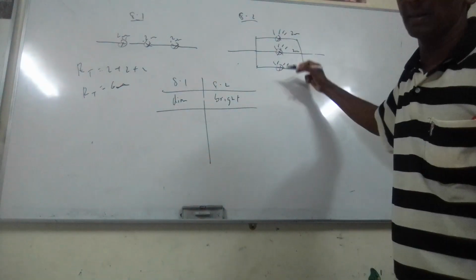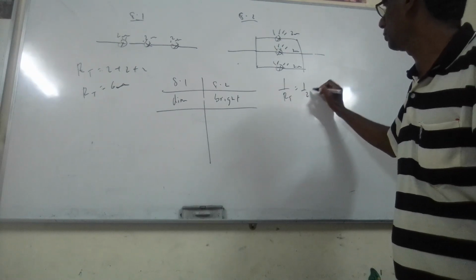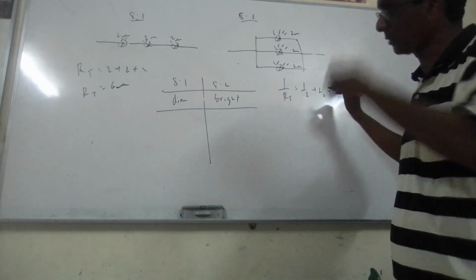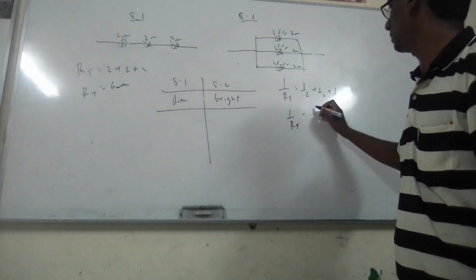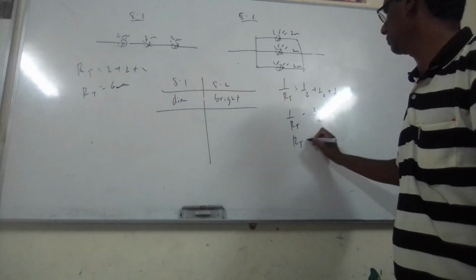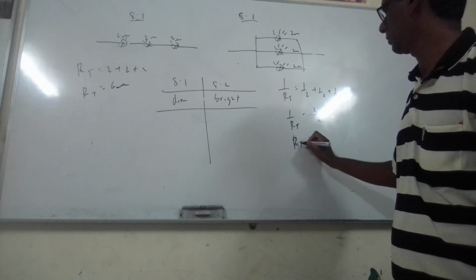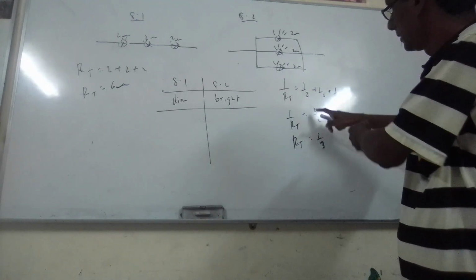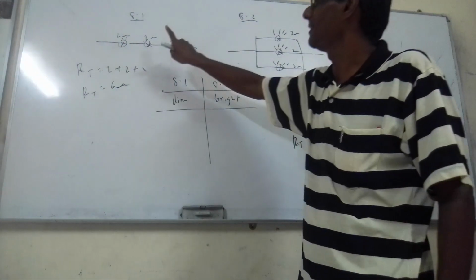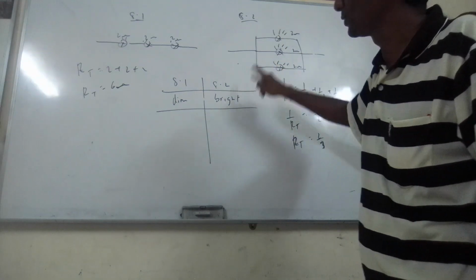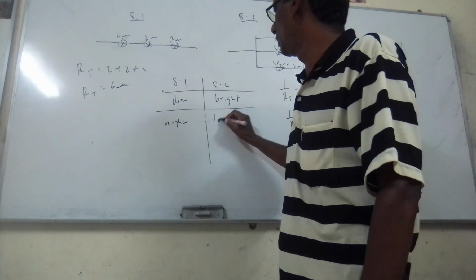For parallel resistance, 1 over RT is 1/2 plus 1/2 plus 1/2, so 3 over 2. RT equals the reverse, 2 over 3, which is less than 1 ohm. So what do you understand from this? Series has a higher resistance, parallel has a lower resistance.